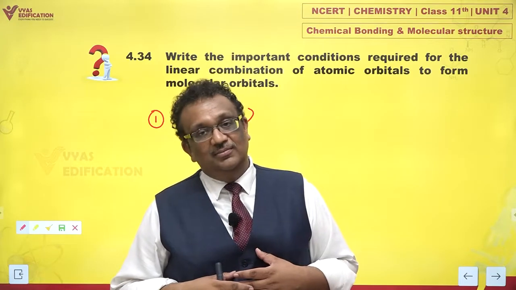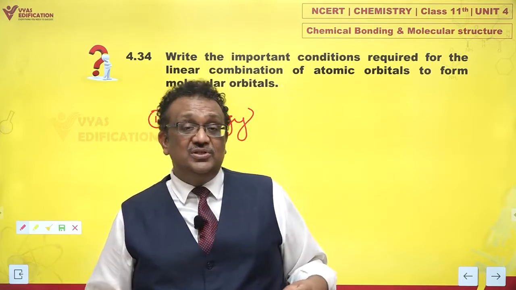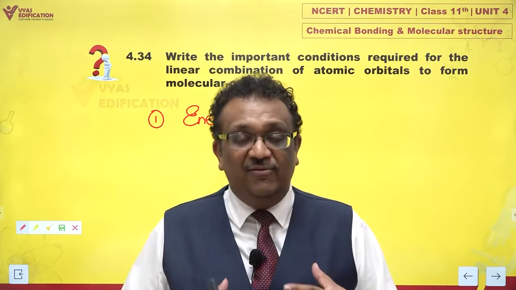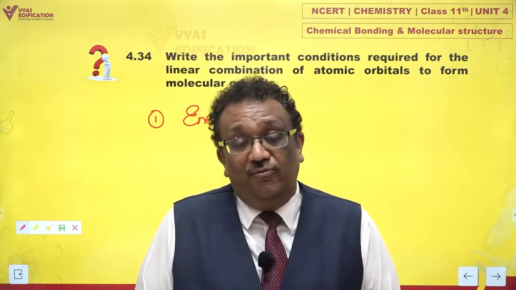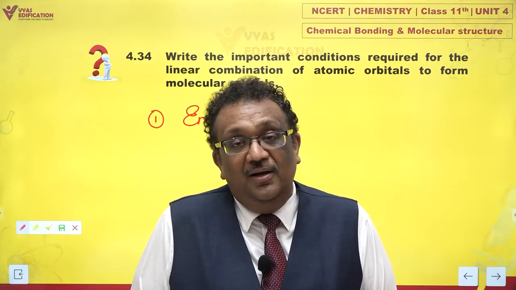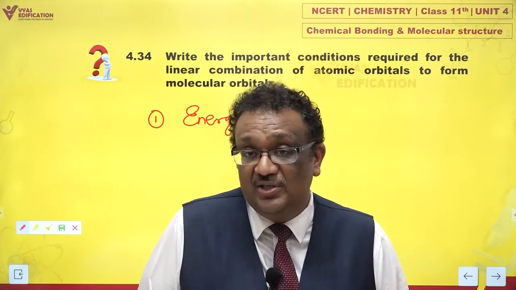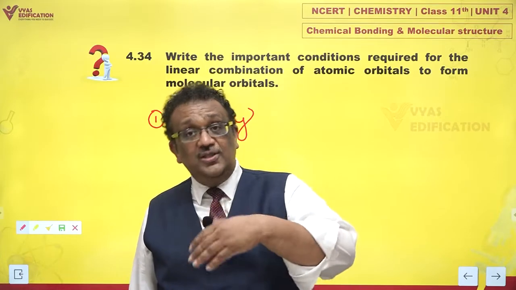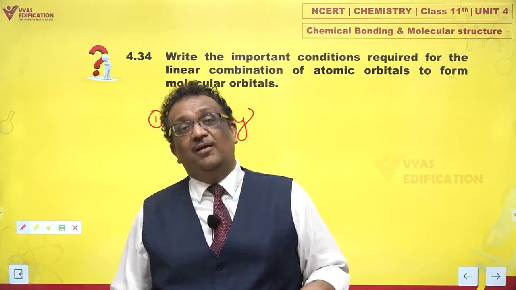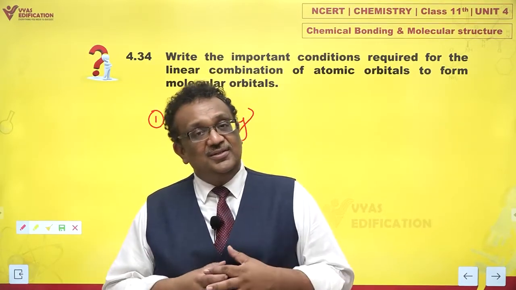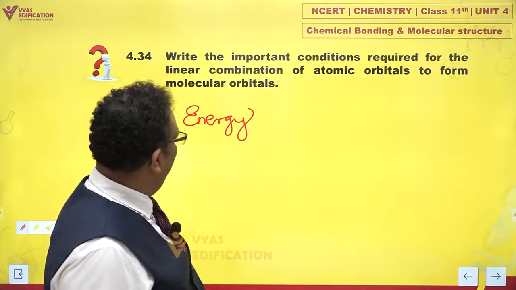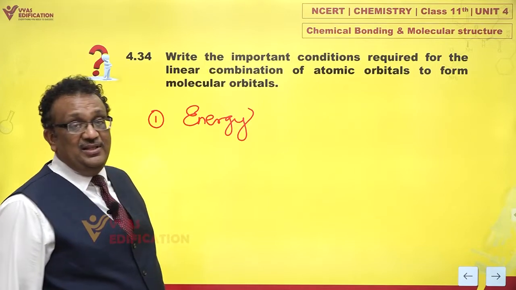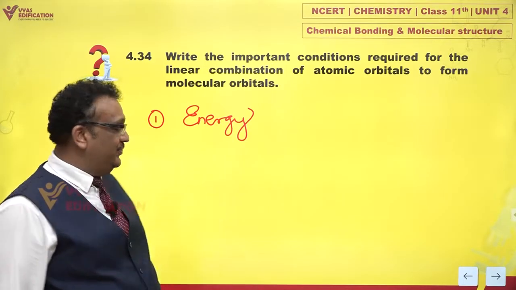The combining atoms are fine, but the atomic orbitals which are combining to form a molecular orbital must have same or nearly same energy. You can neglect all other orbitals even though they are present. 1s combines with 1s and it's fine. So energy must be the same or nearly same.